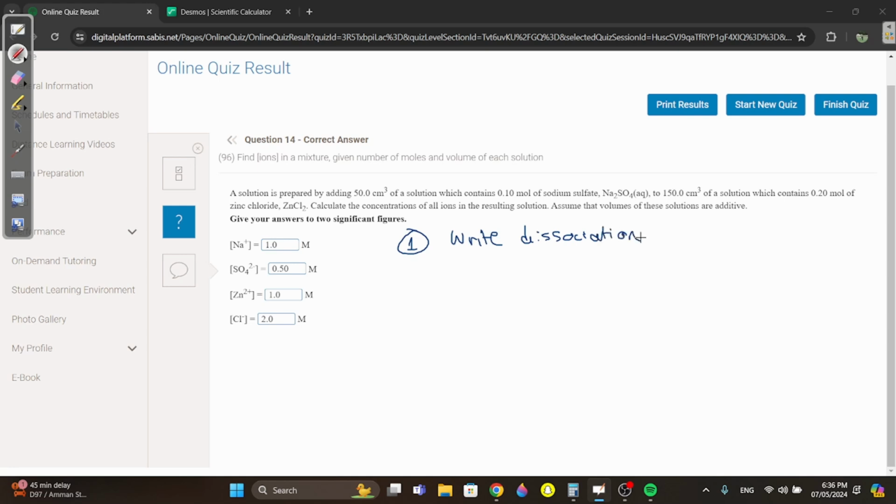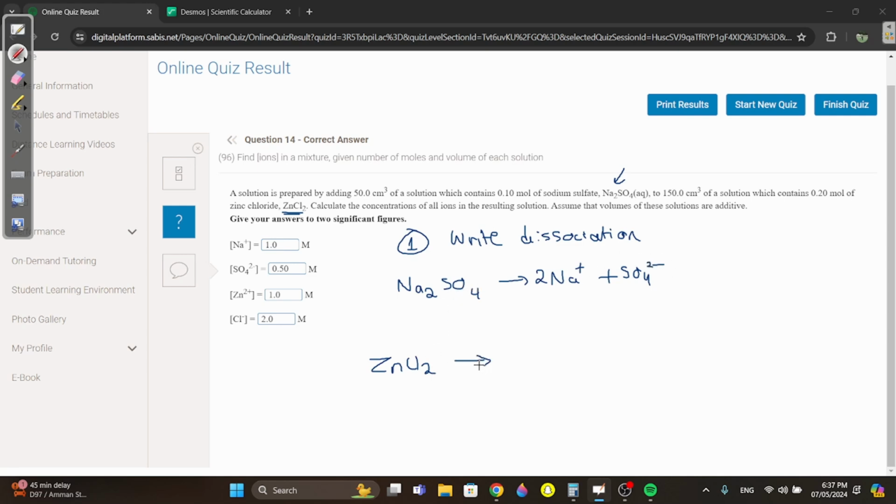Okay, so you have two compounds: Na2SO4 and ZnCl2. Let's write the dissociation for each one. Na2SO4 produces Na plus SO4, and obviously we have to balance it. You have 2 Na here, so you have to put 2 here. Then for ZnCl2, dissociate ZnCl2. Let's put plus 2 and minus for the charges.